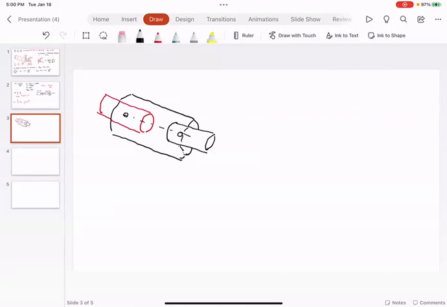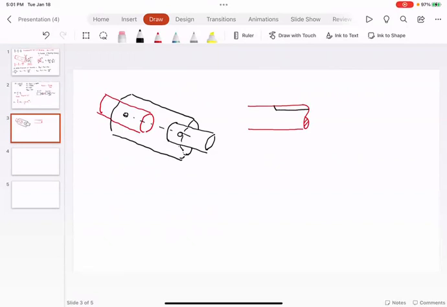However, if the power transmission requirements are stringent, if the power transmission requirements are high, you use something called a key. So what does a key and keyway look like? What you do is, this is the shaft. And here, you have something called a keyway.